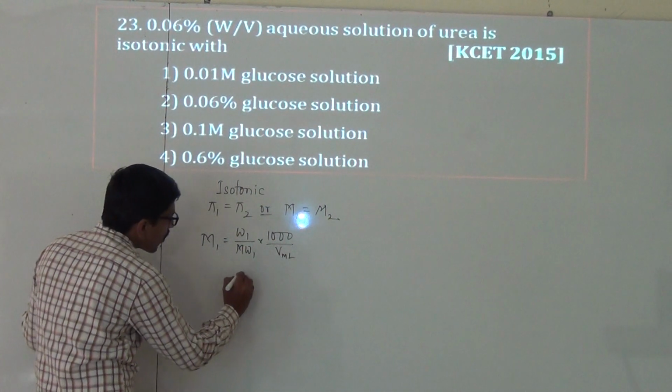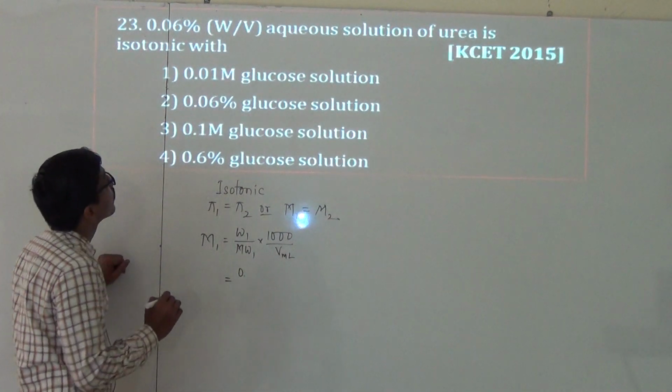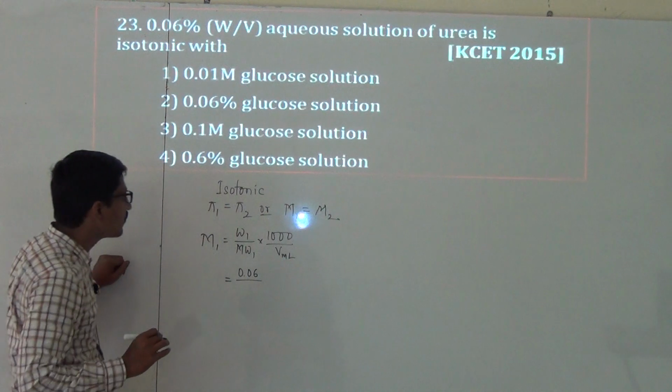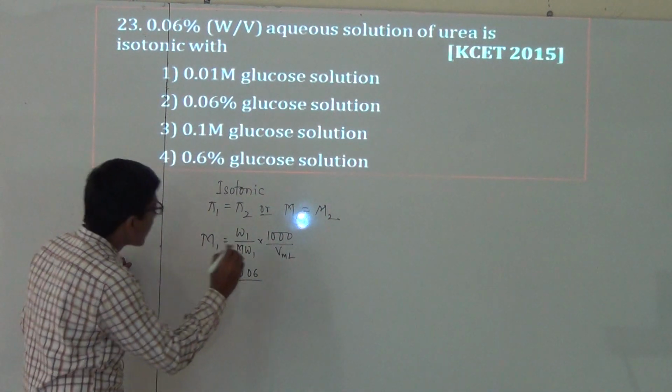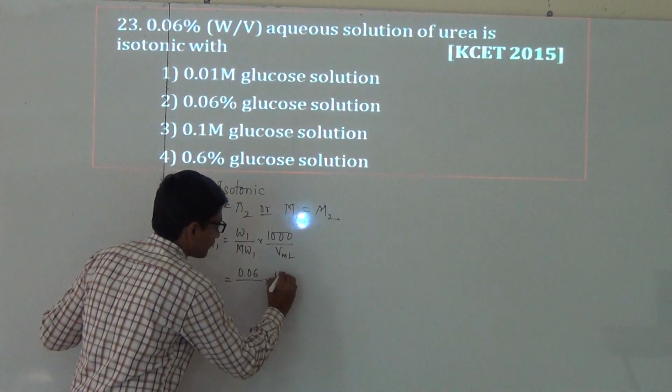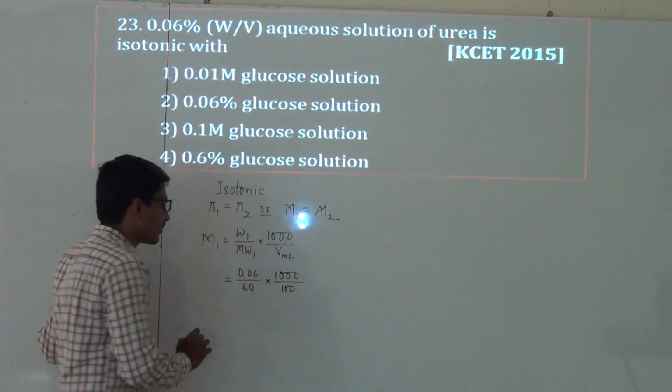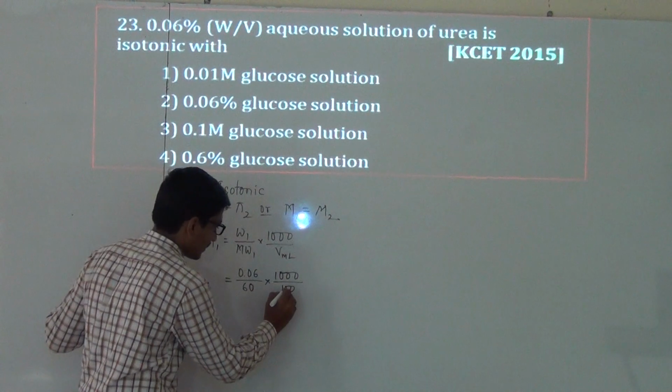w1 is 0.06% weight by volume, that is 0.06 gram of urea dissolved in 100 ml of water. Molar mass of urea is 60.